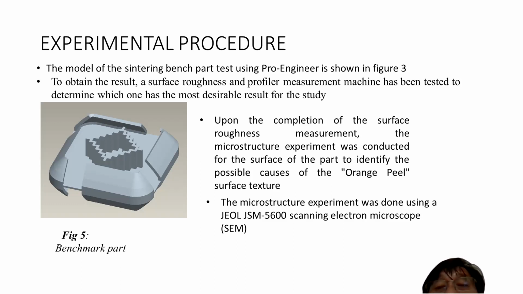The size of the benchmark is 110 by 110 by 48 millimeters high. The file was then converted to STL format before it was transferred to the laser sintering machine. The benchmark will be tested to obtain the properties of surface roughness and microstructure of an orange peel.